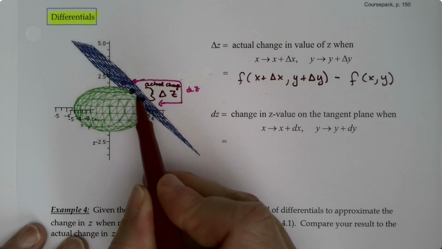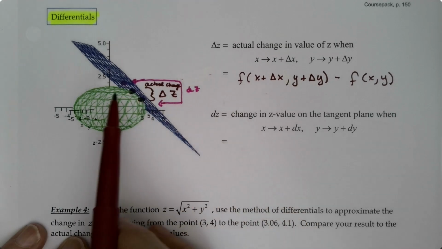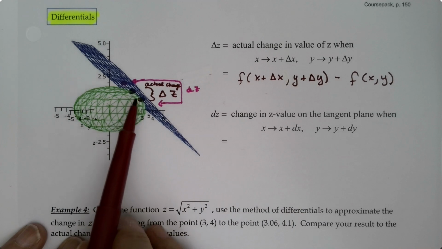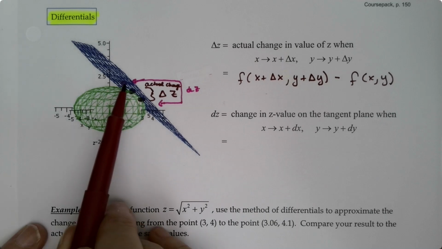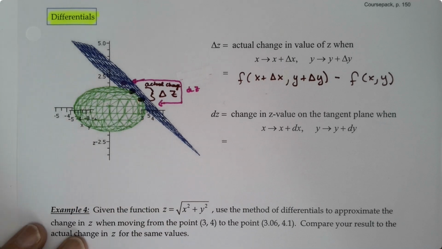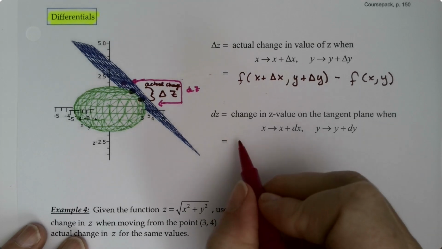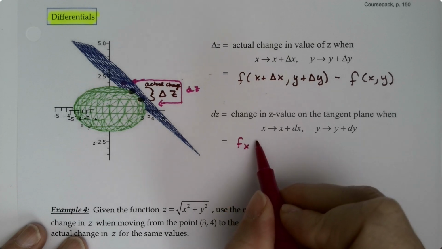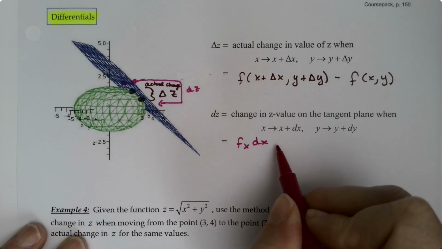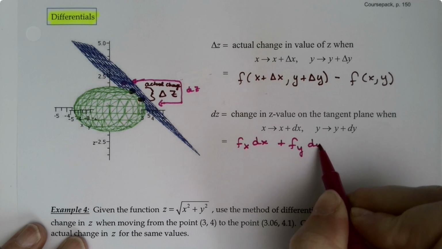So what was the actual y change? And so what we can use is the differential. The differential is not on the green surface. These two dots are on that green surface. But instead we can use the point of tangency on the green surface and a point nearby on the tangent plane instead. And that will give us the differential. So dz equals the derivative with respect to x times the dx differential plus the derivative with respect to y times the dy differential.